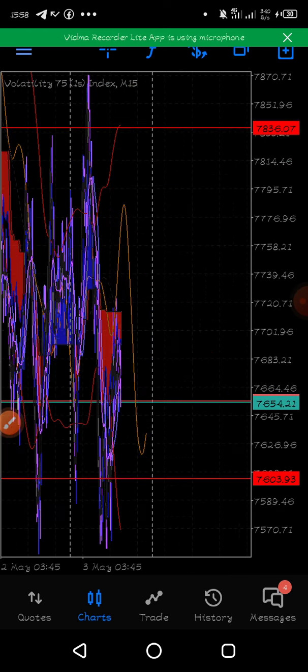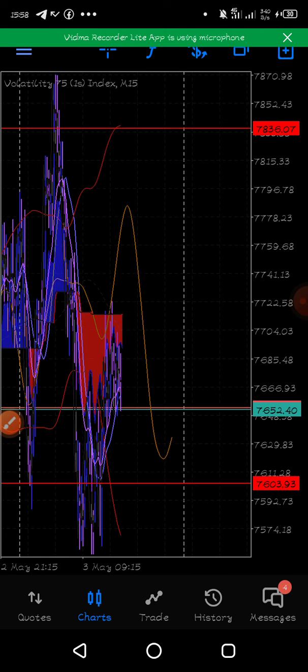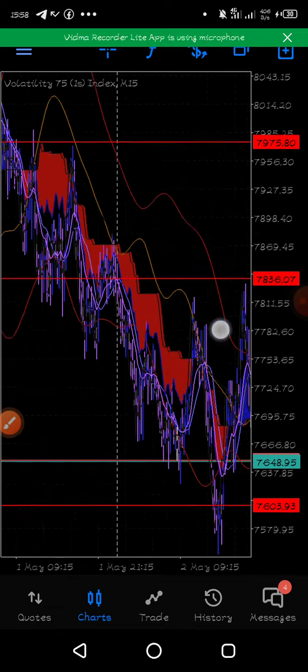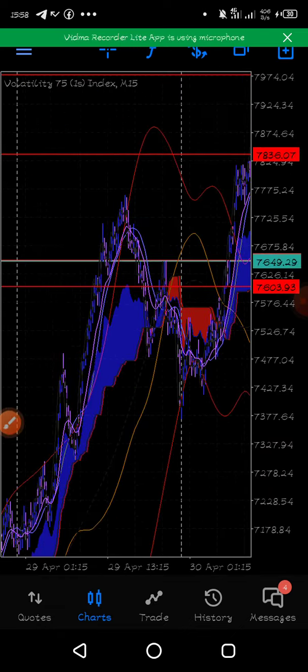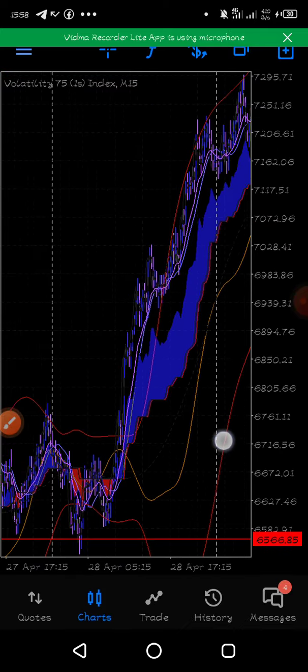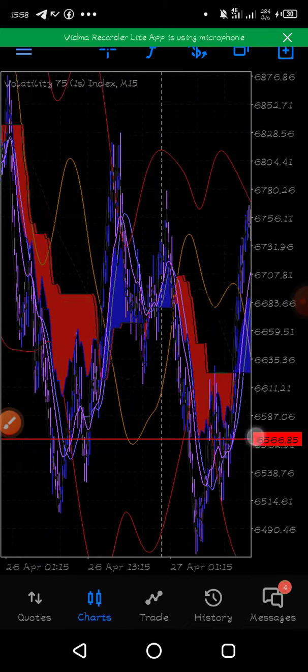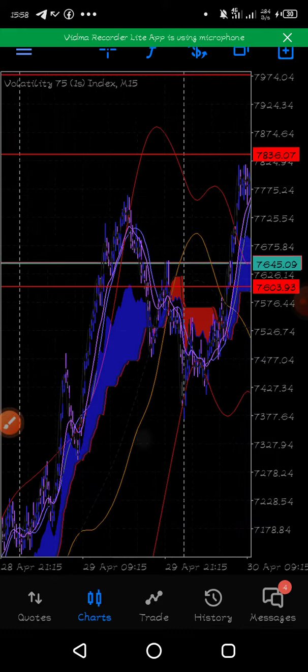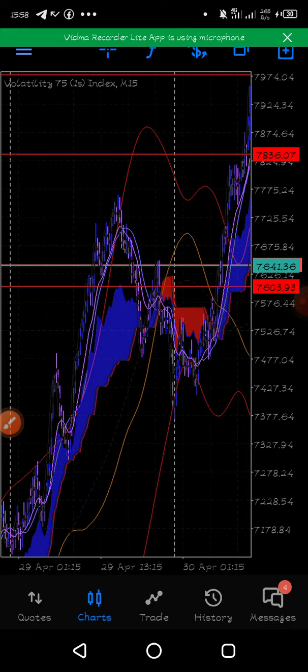Now, how do we spot entries and how do we spot reversals? For instance, if my market is actually trendy, what do I look for? Then how do I spot market reversals? That's where we're going in this strategy.